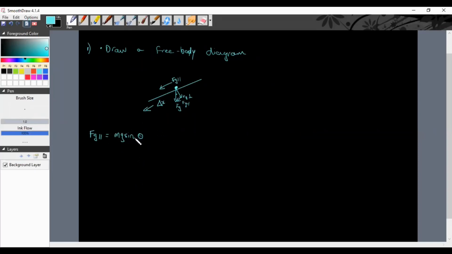I'm welcome to put that in my calculator and solve for FG parallel, which in this case I will. They told me the mass of the ski and the skier is 60 kilograms.